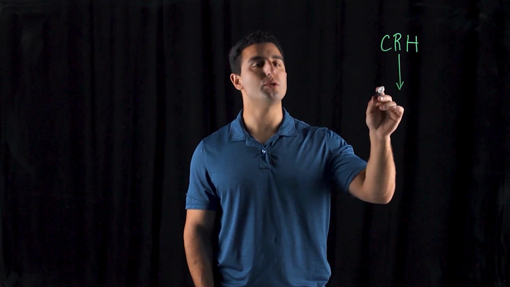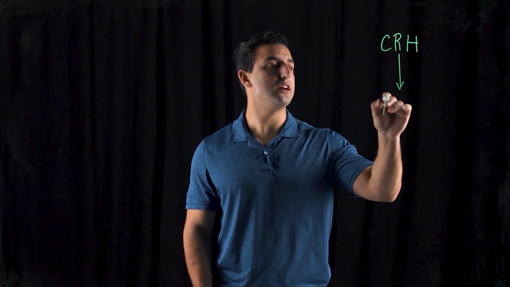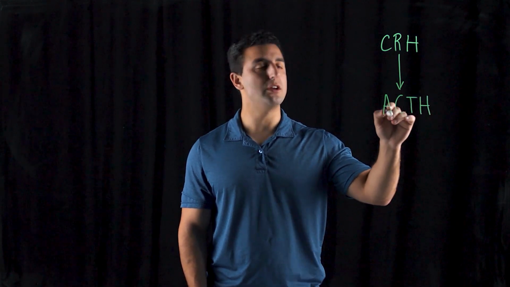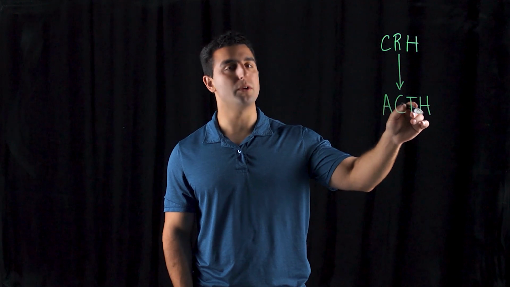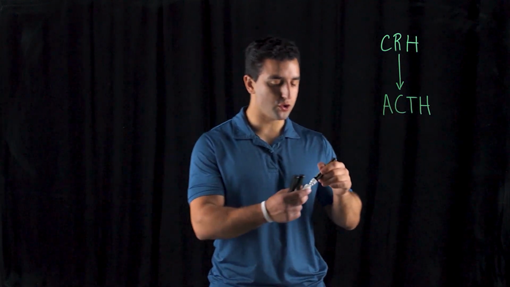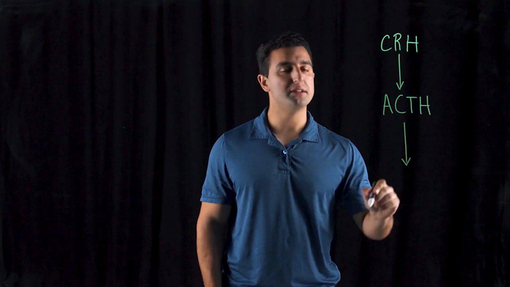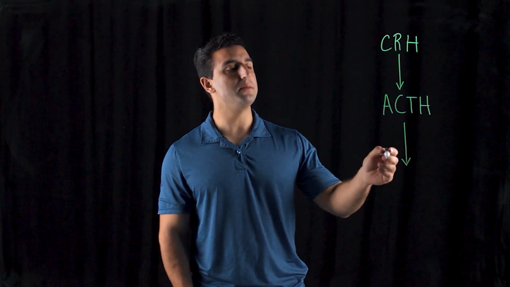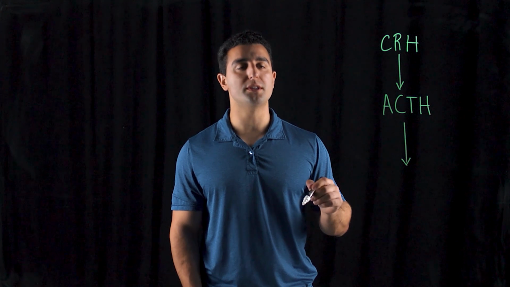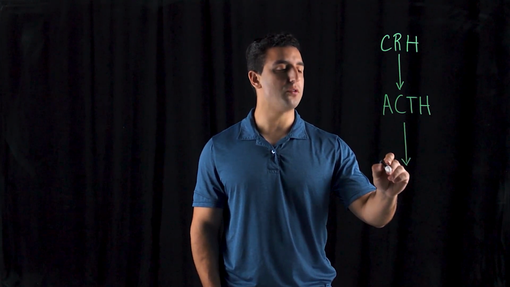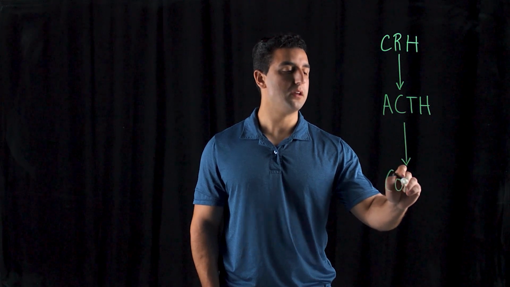Goes to the corticotrophic cells and allows for the release of ACTH, adrenocorticotropic hormone. Adrenocorticotropic hormone now enters the bloodstream, right? Comes into the bloodstream, binds to the region of the adrenal cortex, zona fasciculata, and you have the release of glucocorticoids, specifically cortisol, right?